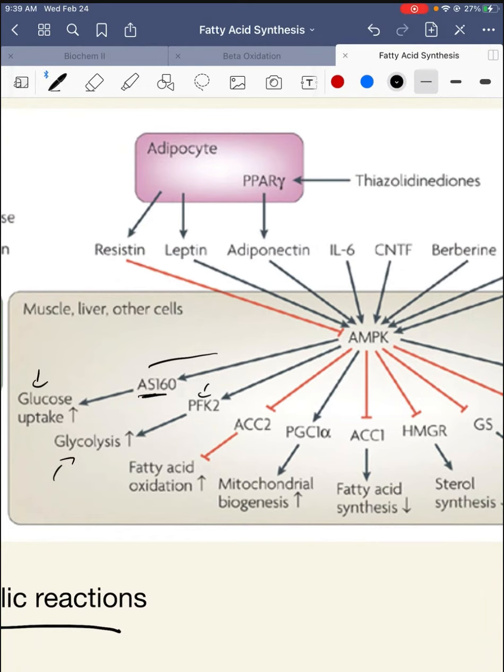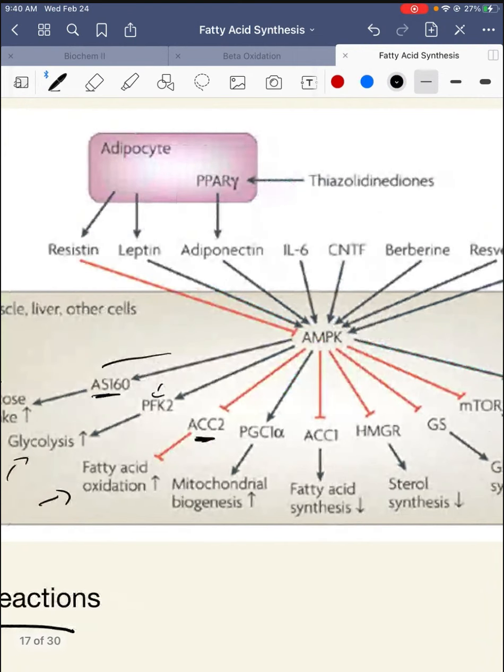So it inhibits ACC2, and because we said ACC2 inhibits CPT1, which is an enzyme of beta oxidation, it inhibits the inhibitor of beta oxidation. So beta oxidation increases. So these are all catabolic reactions so far, because they make energy for the cell.